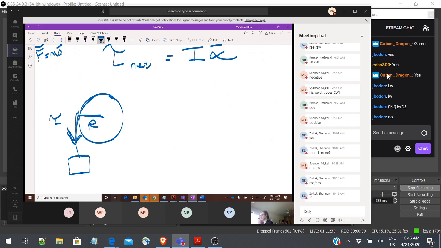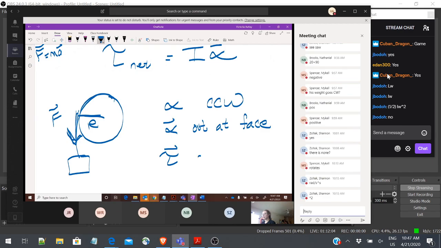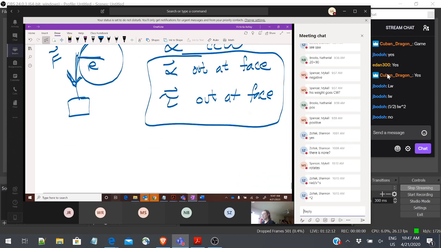Or that force is in the downward direction, I'm sorry. So your alpha ends up being counterclockwise, which corresponds to a vector coming out at your face. Alpha vector out at your face, which means my torque vector must be out at my face. These two are going to be in the same direction. To get your torque vector, that is the cross product.